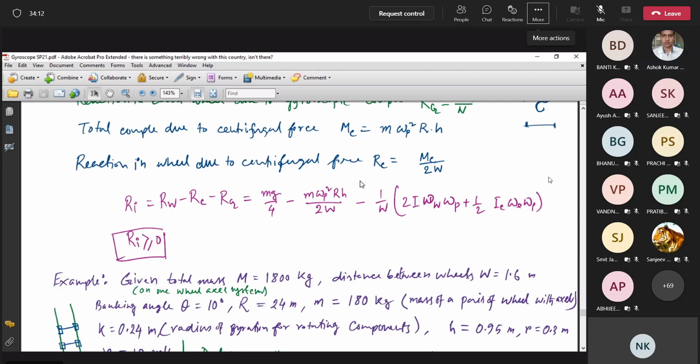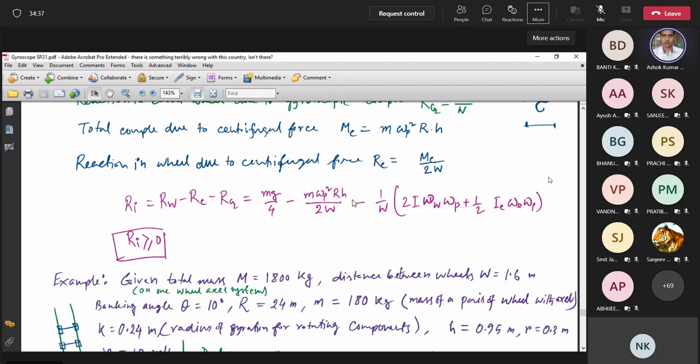Now, in a practical problem, all these values will be given. So you just put in all the values and see whether this Ri is greater than or equal to 0 or not. If it is greater than or equal to 0, there is no problem. The motion of the vehicle is stable.